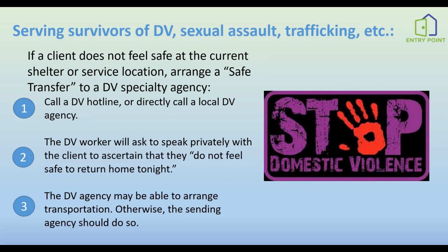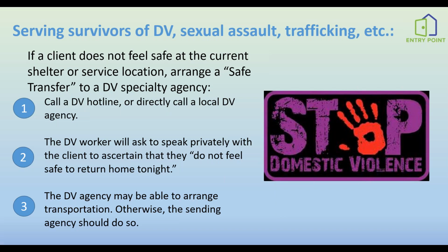How we execute a safe transfer is you can work directly with your DV liaison, let them know that you have someone who's fleeing and needs immediate transfer, or you can call one of the DV hotlines or one of the local DV agencies. All of these numbers are right there for you in part one, the safety screening.